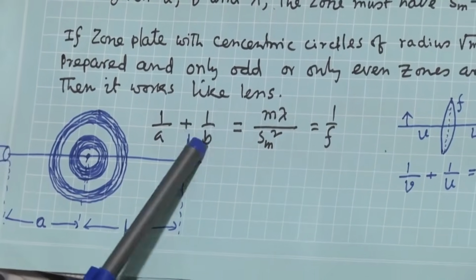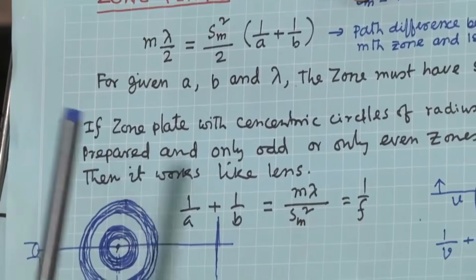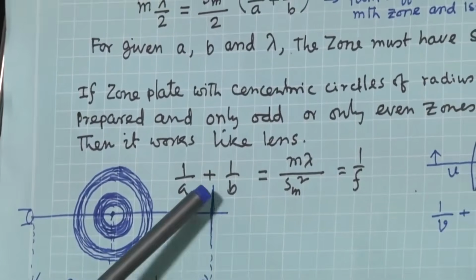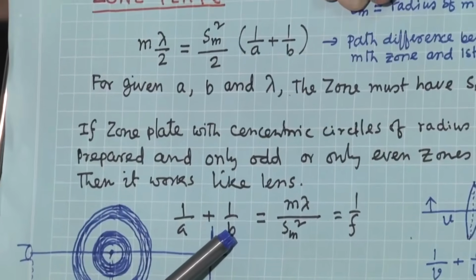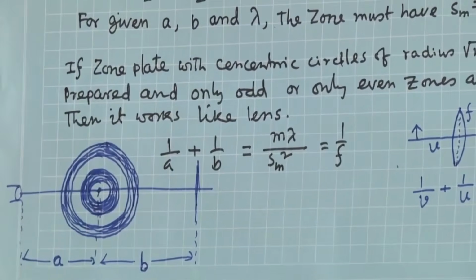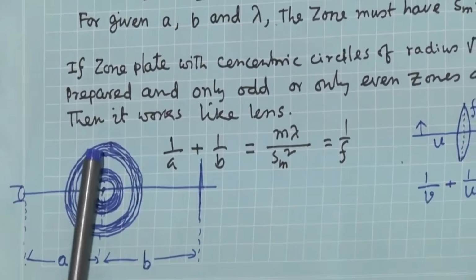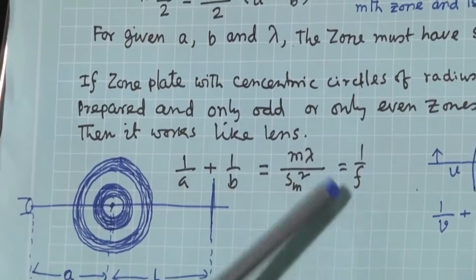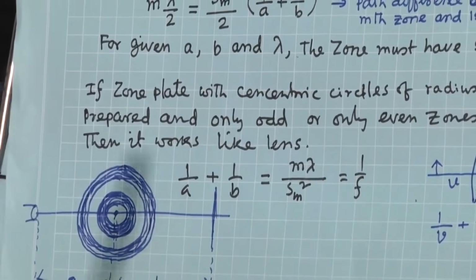So f will basically be b. Experimentally, with the object distance at infinity, we have to find the image distance from the zone plate, and that is nothing but the focal length. Now, as I told you, it will be multifoci.